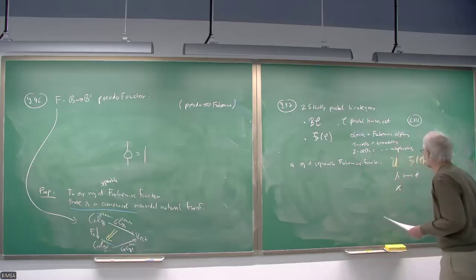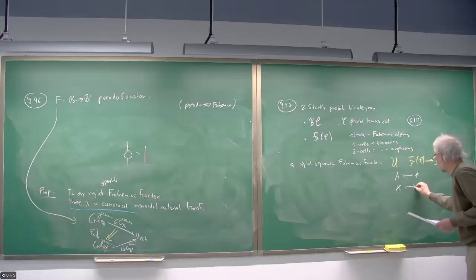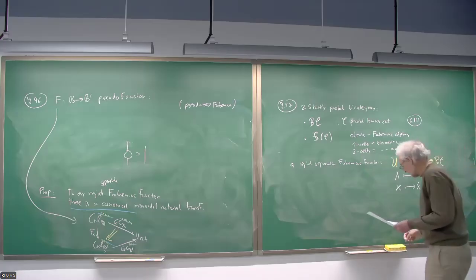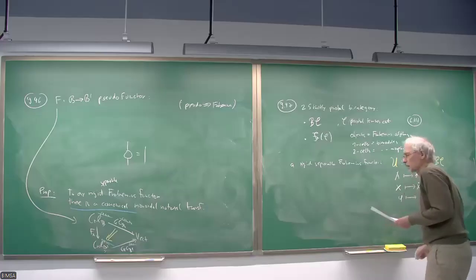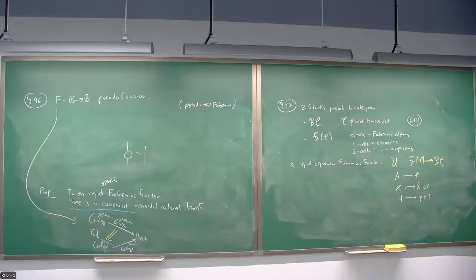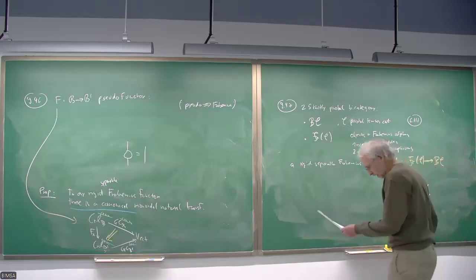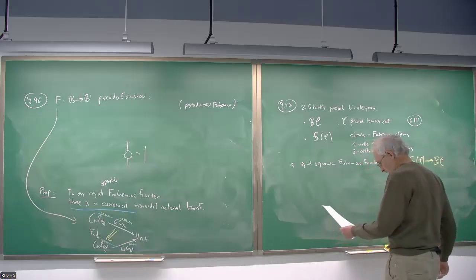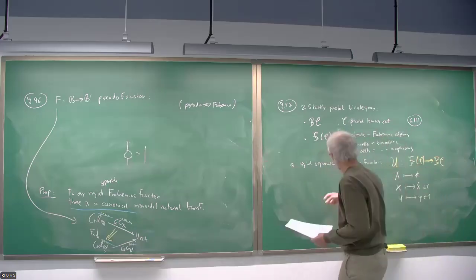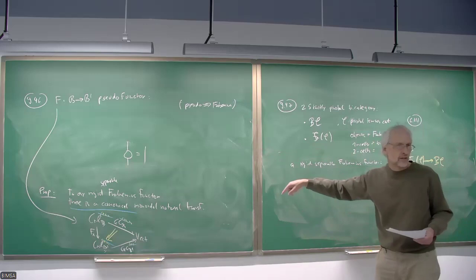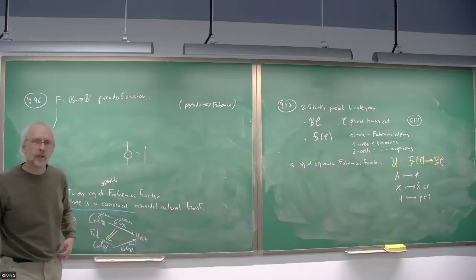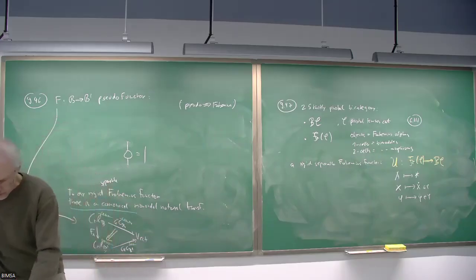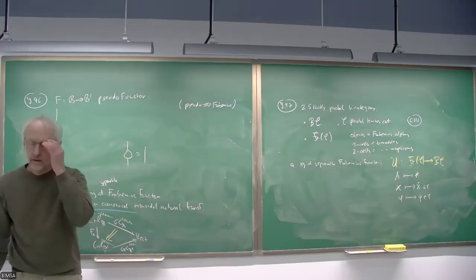If I take a bimodule X, I map it to the underlying object in C. And if I have a bimodule morphism, I map it to the underlying morphism in C. And you can actually give the structure of a lax and oplax functor, which then fit together to a Frobenius functor explicitly, but I will not do that.